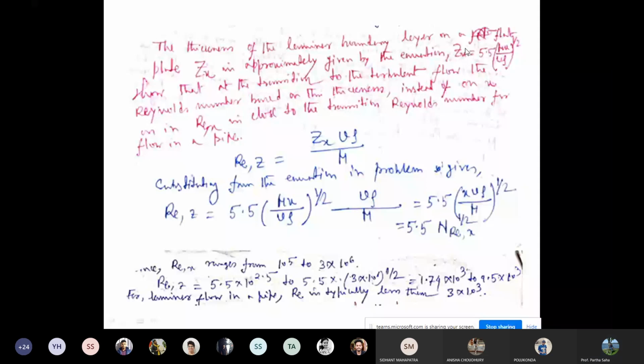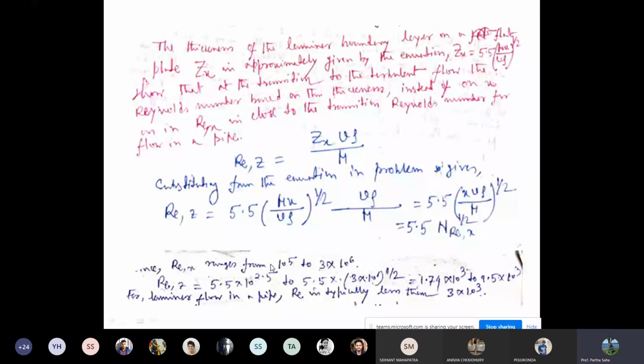If you put in the value of delta x, then Re delta is 5.5 (mu x / v rho) to the power half times v rho / mu, which becomes 5.5 times the square root of v rho x / mu. What is v rho x / mu? That is the Reynolds number of x. So Re delta is equal to 5.5 times the square root of Rex.